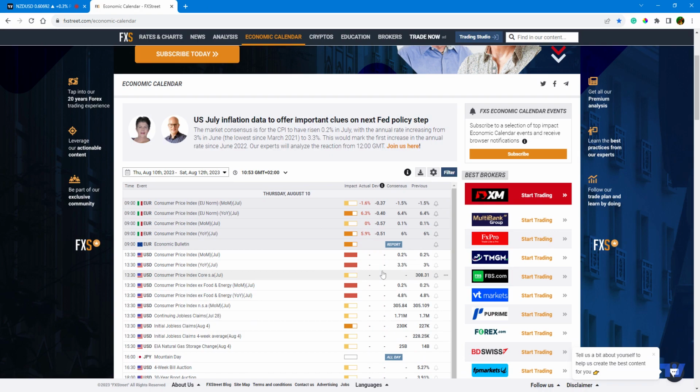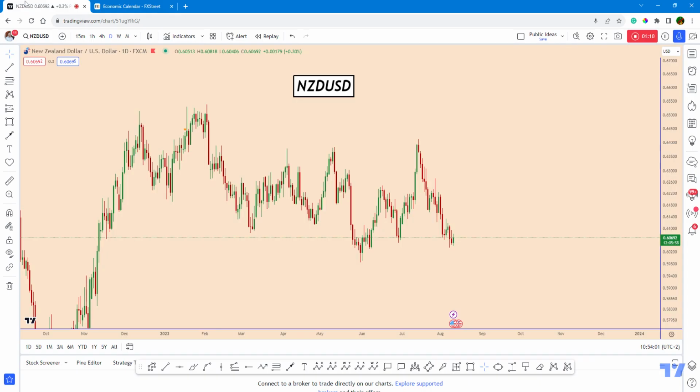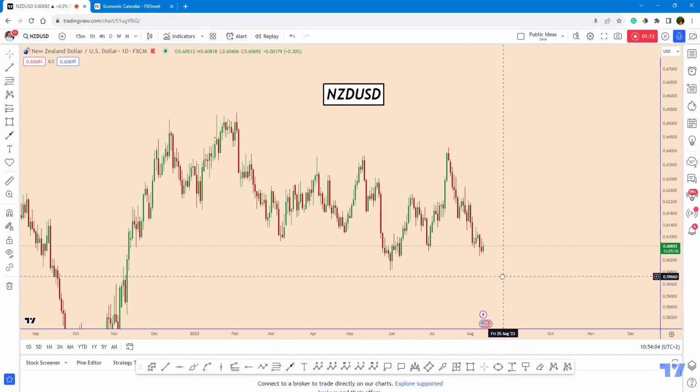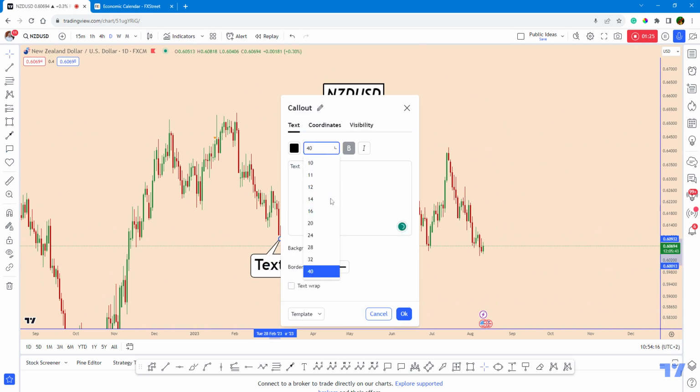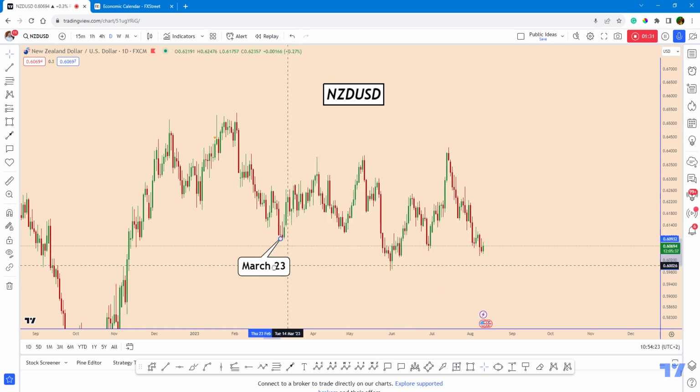So let's see what may happen from a fundamental perspective and why we should be careful. If we look at the daily chart, New Zealand dollar, the price is close to an area that is dating back to March 23, as you may see here. This is March 23.